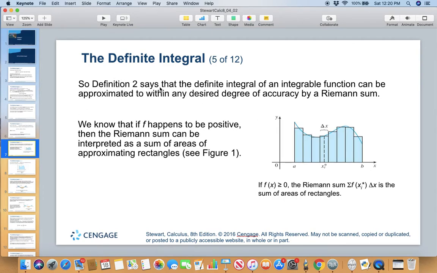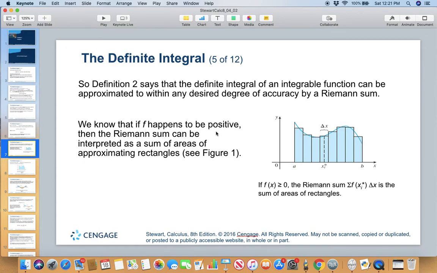So definition 2 says that the definite integral of an integrable function can be approximated to within any desired degree of accuracy by a Riemann sum. All this means is the area under this curve can be approximated by the sum of these areas, called the Riemann sum. The more cuts you take, that is, the thinner your rectangles, the closer you will get to the area under the curve.